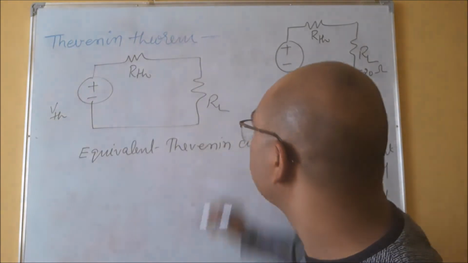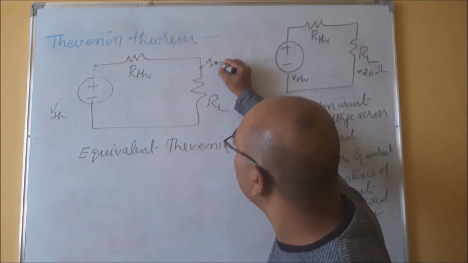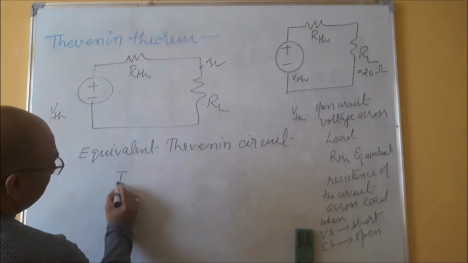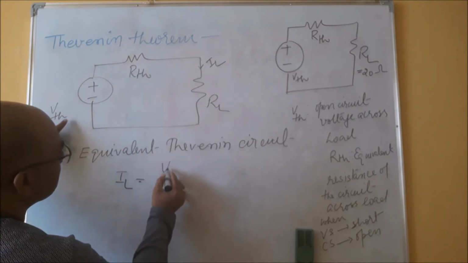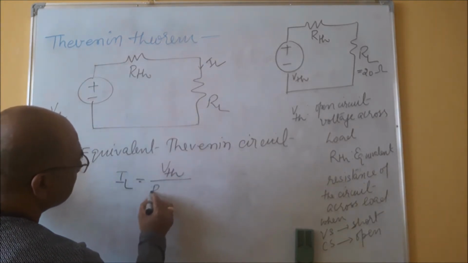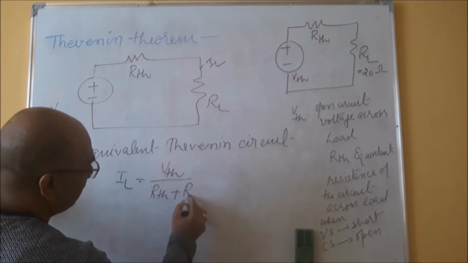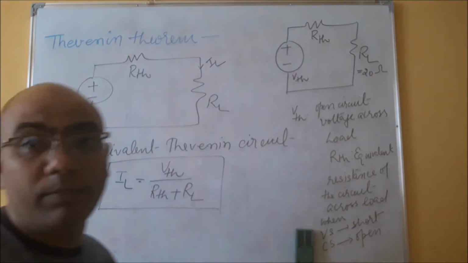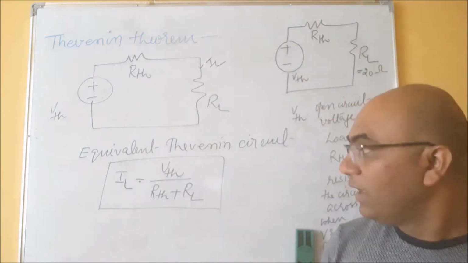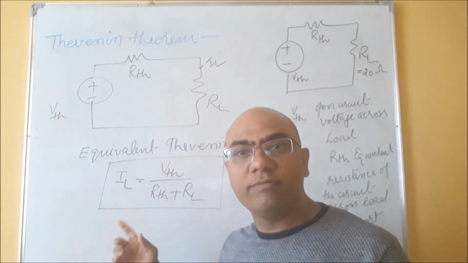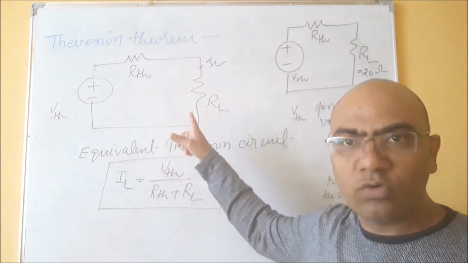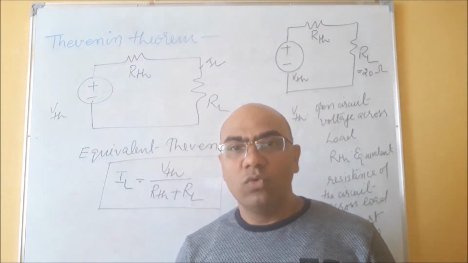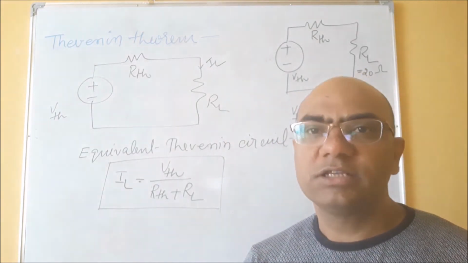Right? And if I am saying the current IL is flowing in the load, so what will be the value of IL? IL will be total voltage VTH upon total resistance RTH plus RL. So this is the final expression for Thevenin theorem, that if we find the value of VTH and RTH, then the current flowing in the load can be calculated by this formula: IL equals VTH divided by RTH plus RL.